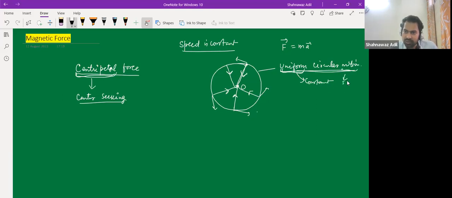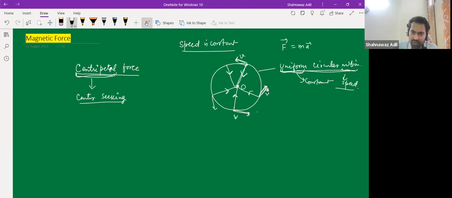Motion means speed, right? What you guys can say is that the velocity direction at this point is in this direction, and the velocity direction at this point is tangential. So you will say that the velocity is different, right? So at this point, velocity is in this direction.